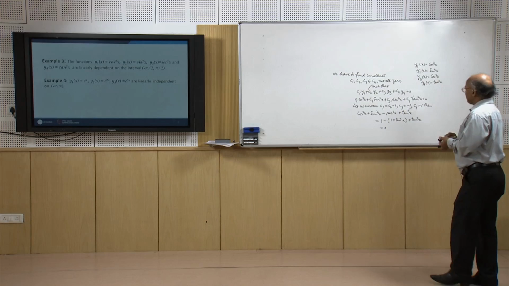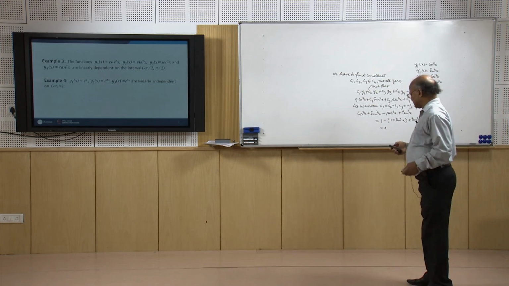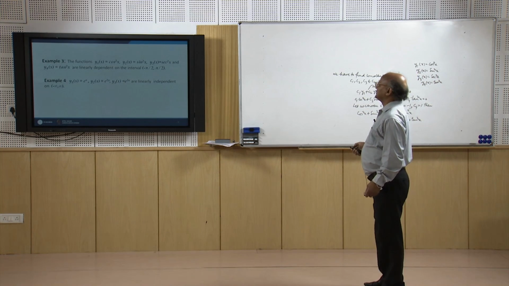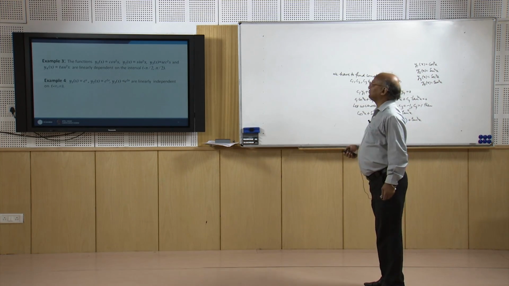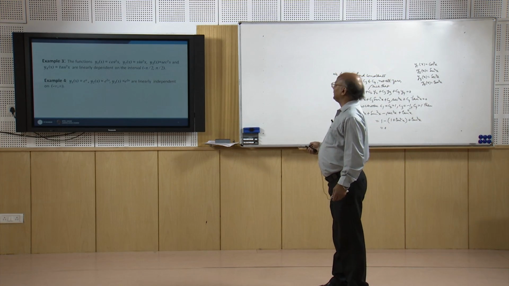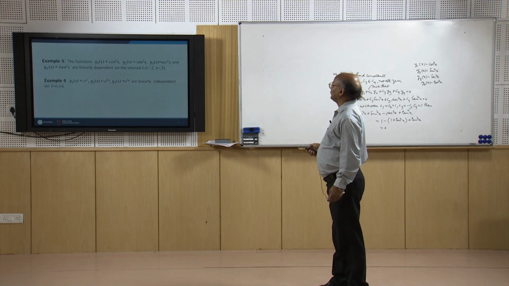So we are able to find the constants C1, C2, C3, C4 not all 0, such that C1 y1 plus C2 y2 plus C3 y3 plus C4 y4 is equal to 0. So they are linearly dependent on the interval minus pi by 2 to pi by 2.